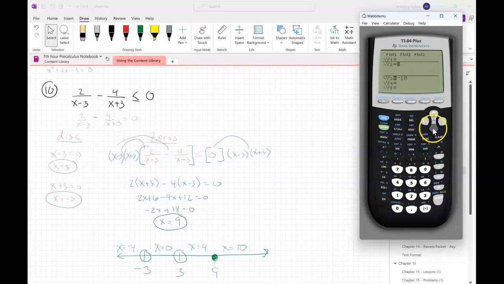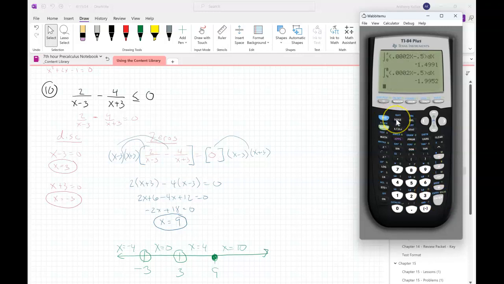So the easiest way to do that is to just plug in the function into y1. So I'll do 2 over x minus 3, and then minus 4 over x plus 3.